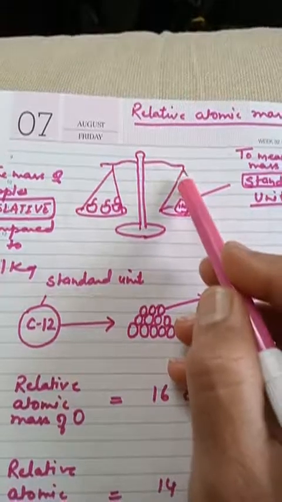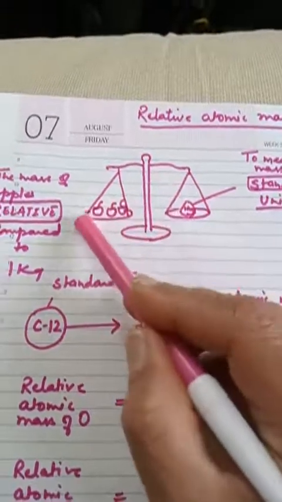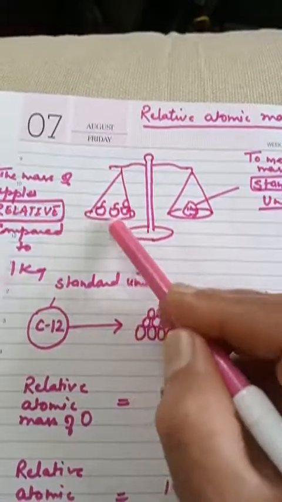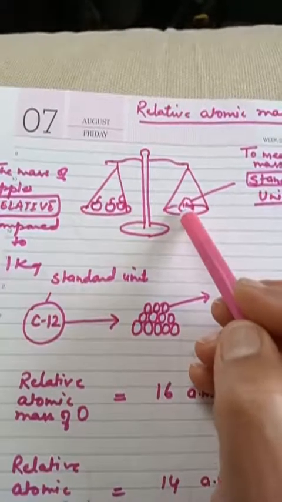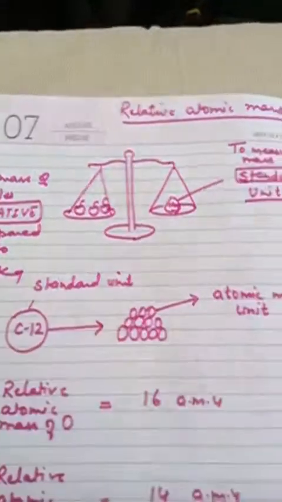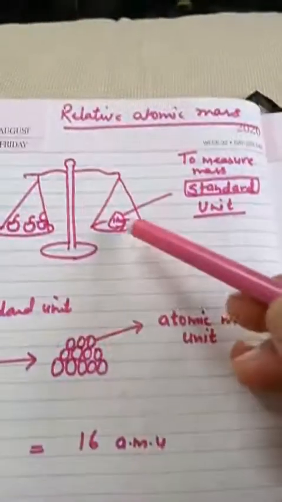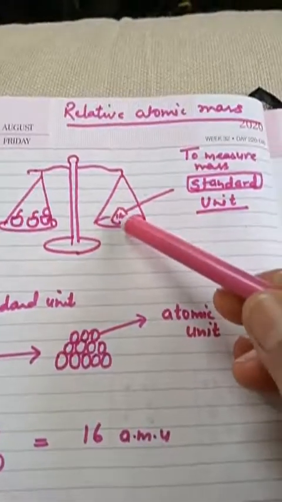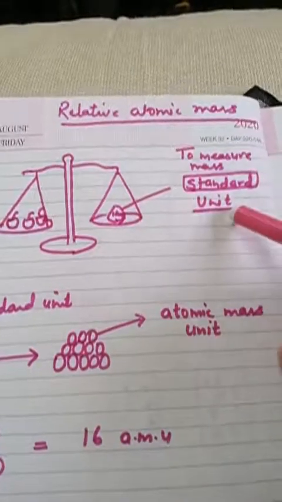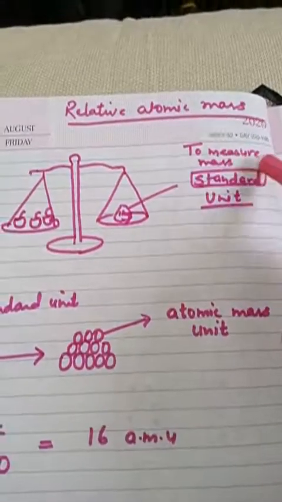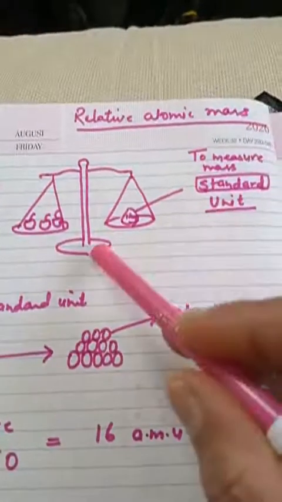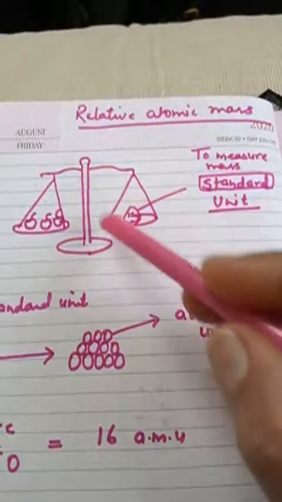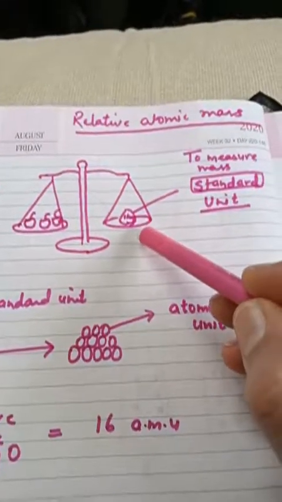When equilibrium is attained, it means the apples put on this side of the beam balance are equal to 1 kg. So actually this 1 kg weight is acting as a standard unit to measure mass. If we want to measure some mass, we have to put one standard unit on this side of the beam balance.